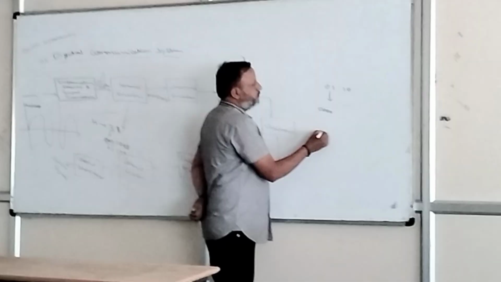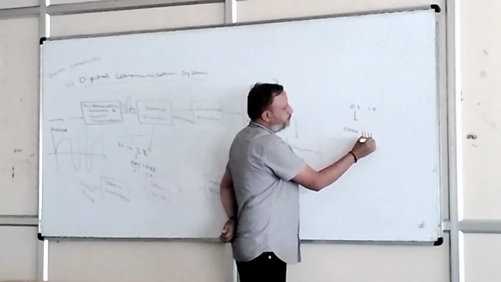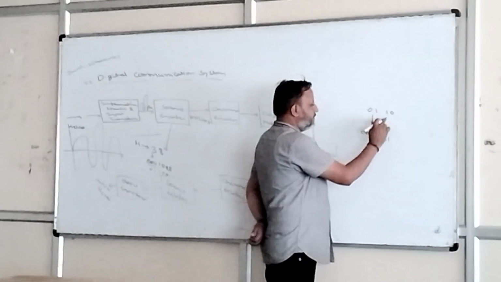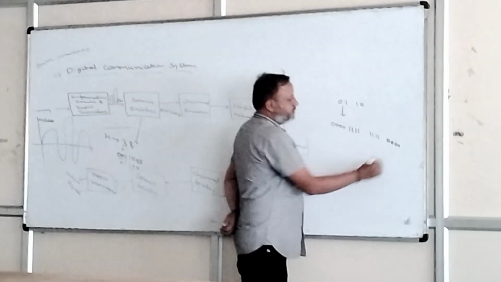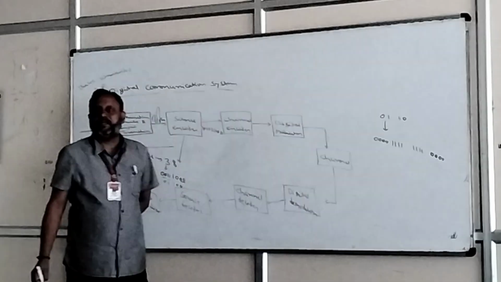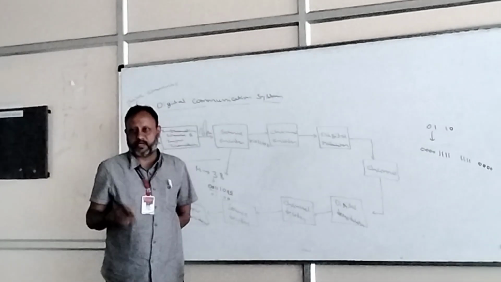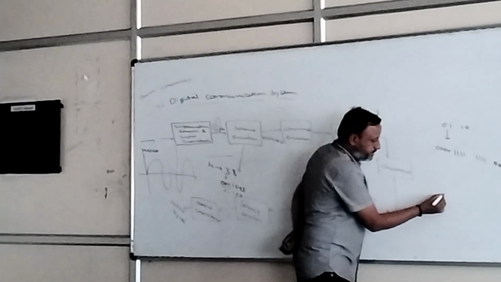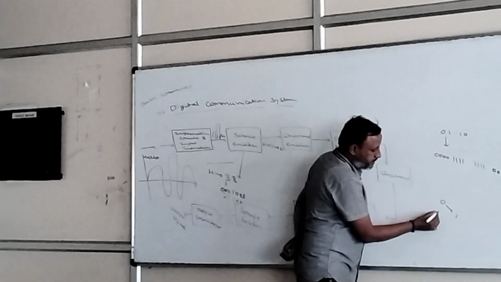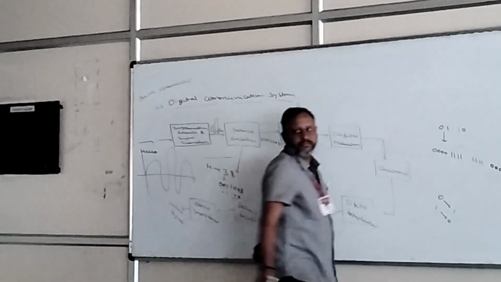So instead of 0, it will take 4 zeros. For 1, 4 ones. For this one also 4 ones, for 0 also 4 zeros. Right? If any error occurs because of noise, in binary, error means 0 changes to 1 or 1 changes to 0.